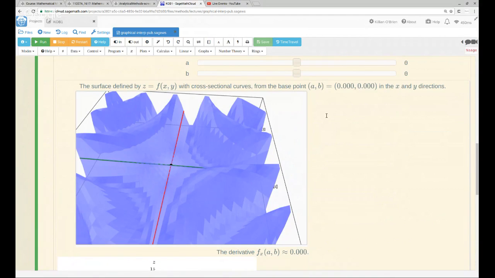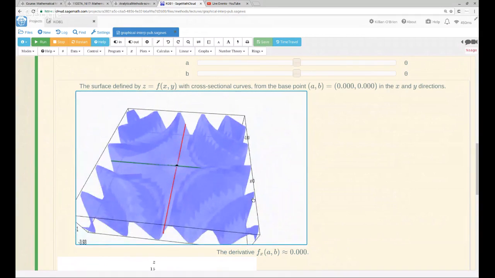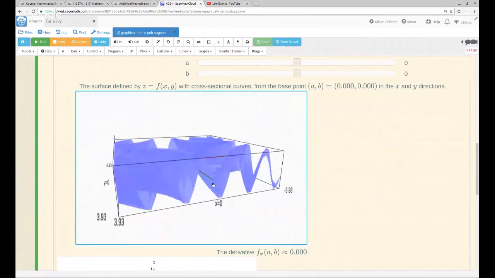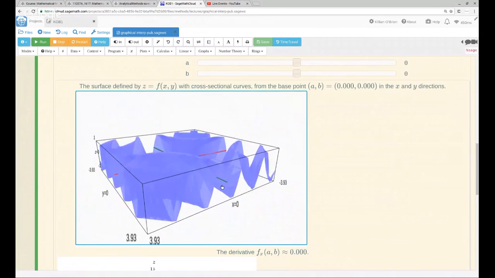These are the two curves that are parallel to the x and y axes. See if I can remind myself which is which. So the red curve, see, this is the x-axis here, the front right. So the red curve is running parallel to the x-axis, and the green curve there is running parallel to the y-axis, which is on this side.